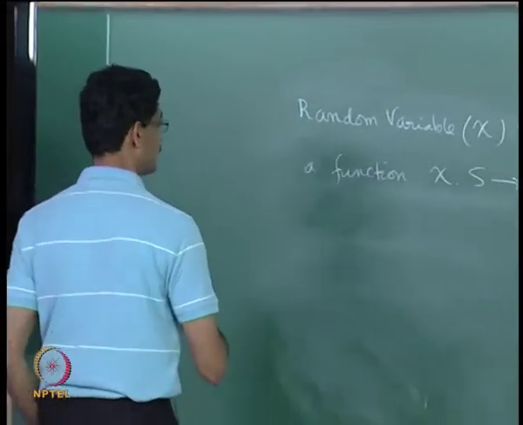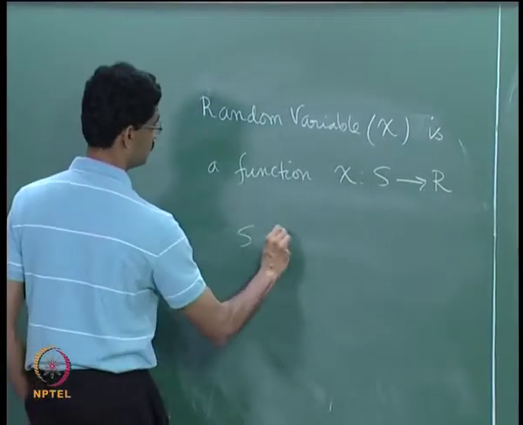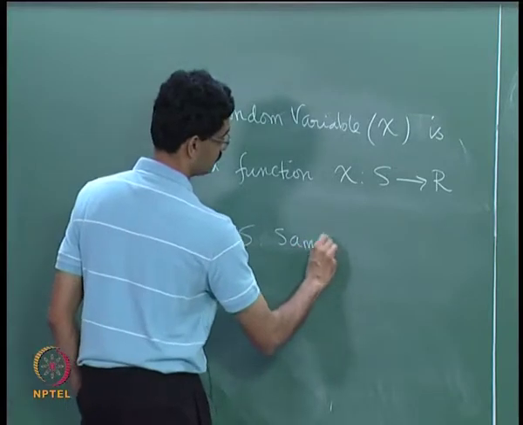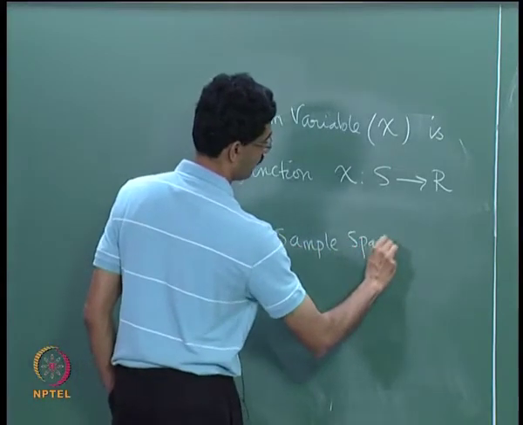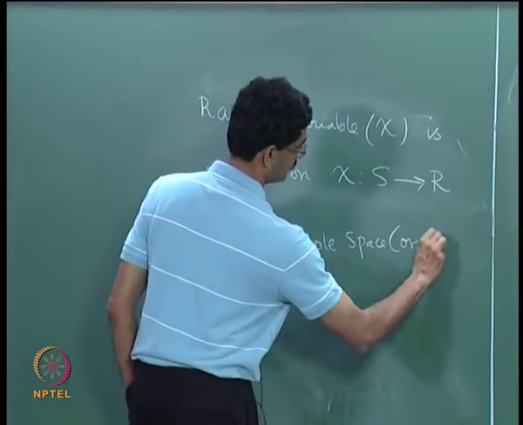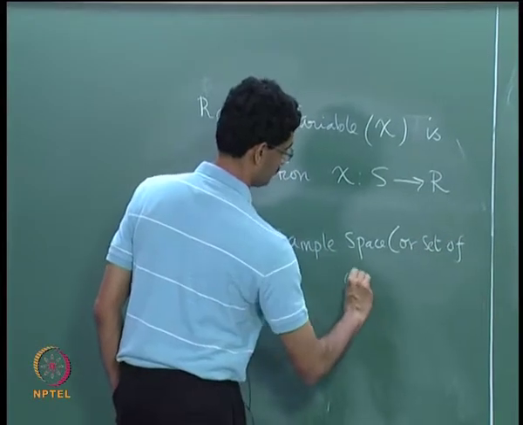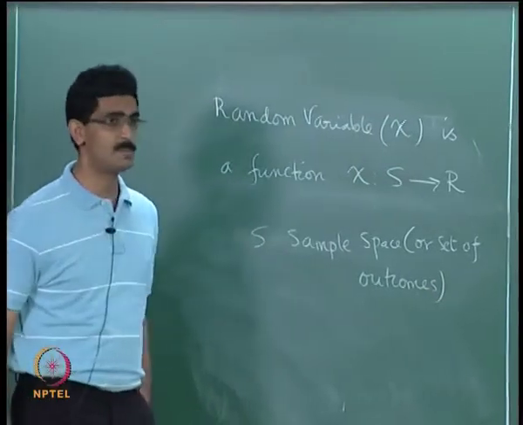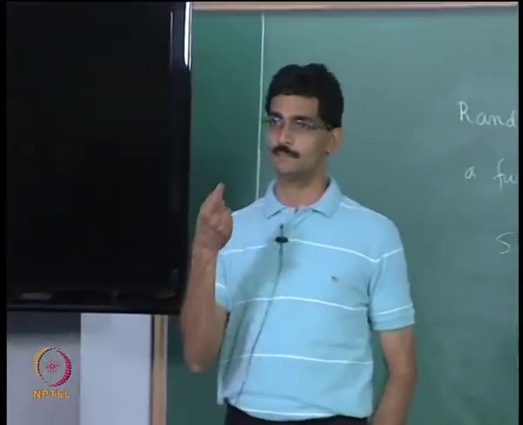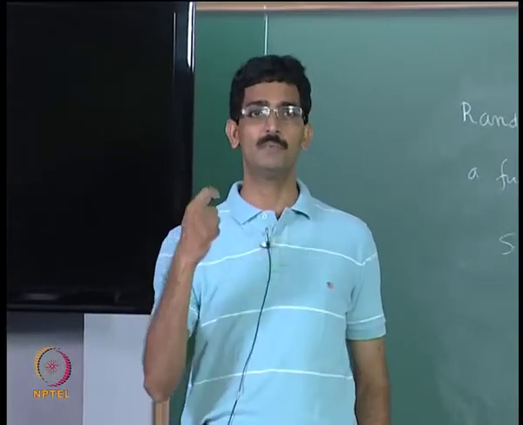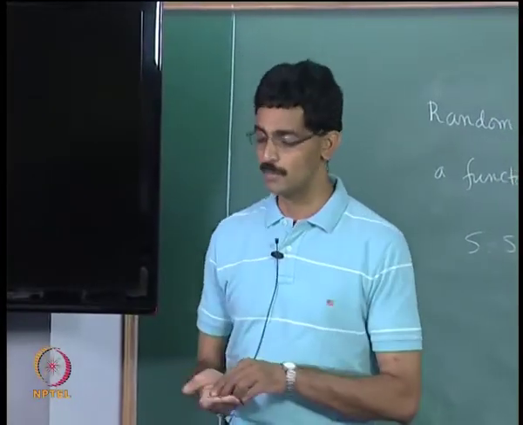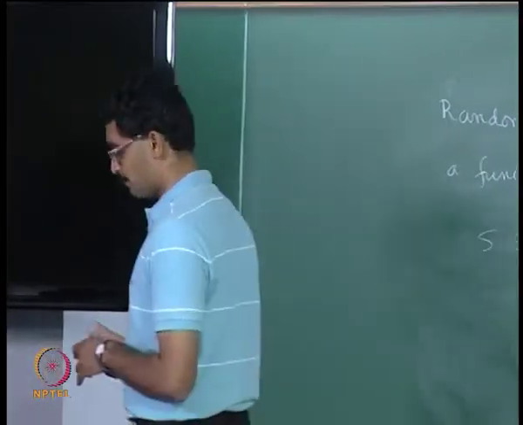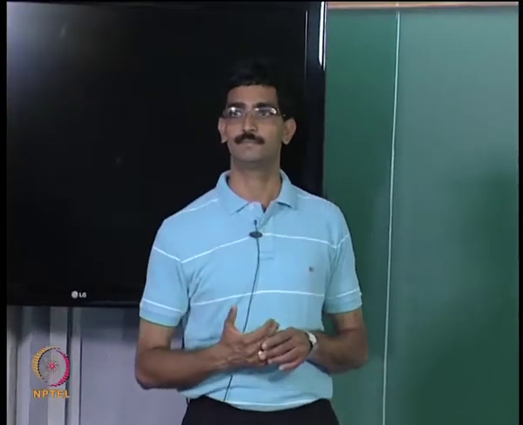So X basically associates with every possible outcome the probability of that particular outcome happening when the experiment is run, right.